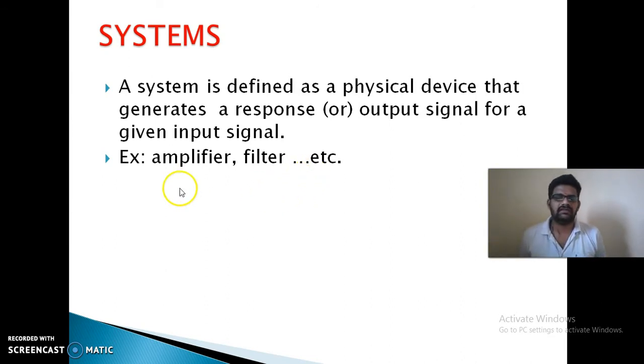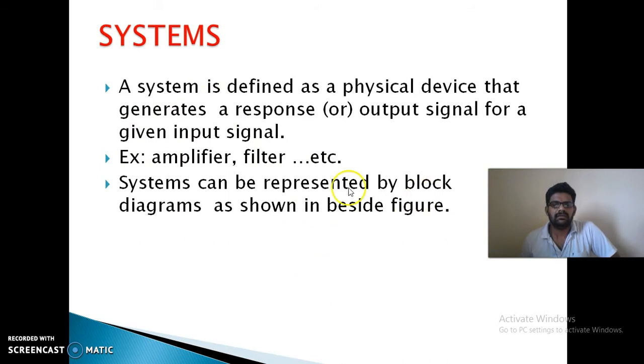College is also a system. An amplifier will take a low frequency, low amplitude signal and boost it up, giving the amplified signal as output. A filter passes only a certain part of the entire signal. So these are all systems.